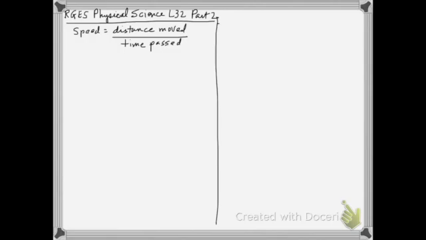Let me give you an example. Let's work a problem dealing with speed. Go ahead and write that down in your notes, and let's work a problem really about speed.